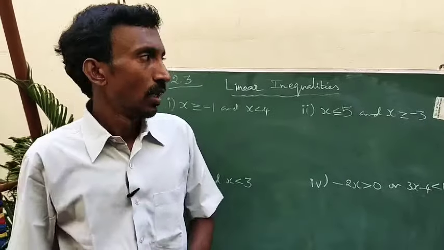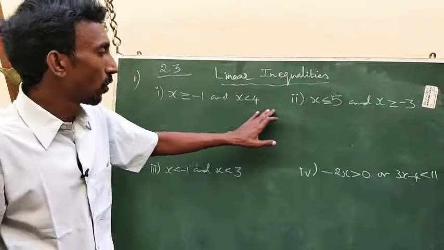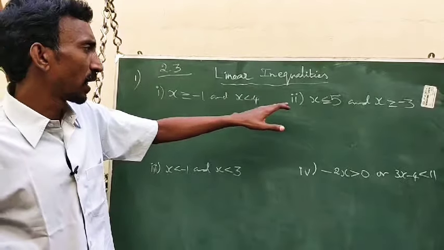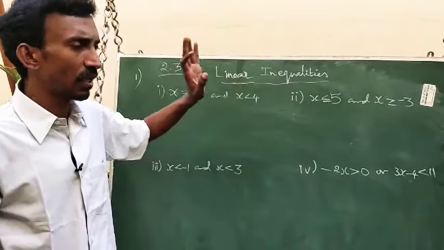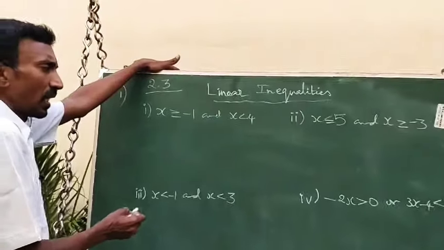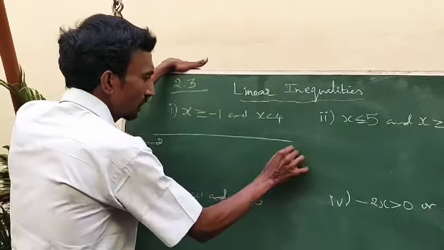Okay student, now exercise 2.3, question number 1. There are 4 subdivisions. The question is: represent the following inequalities as an interval. Very simple. We can write it directly, or note it on the number line, minus infinity to plus infinity.